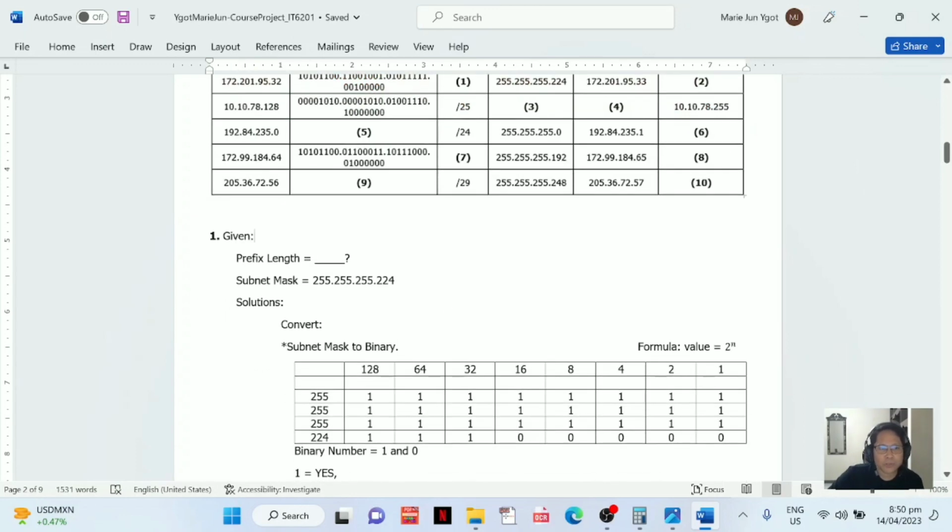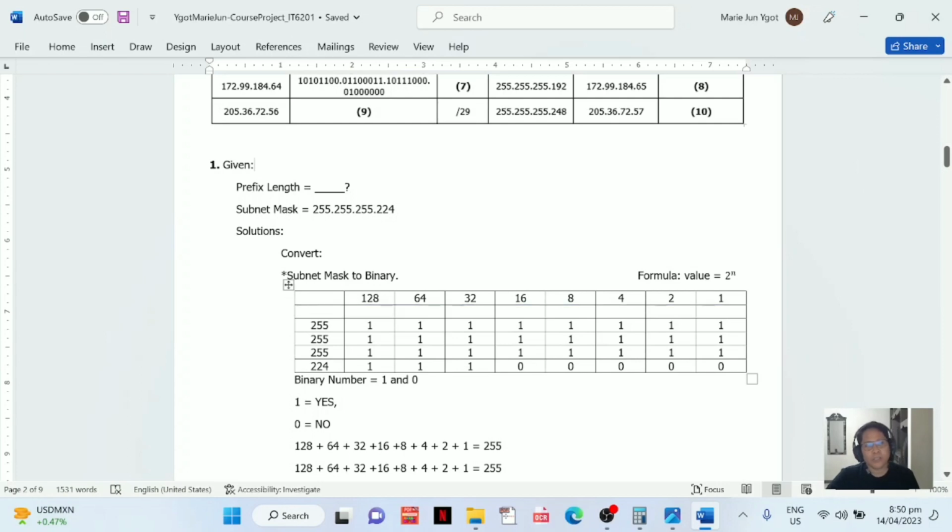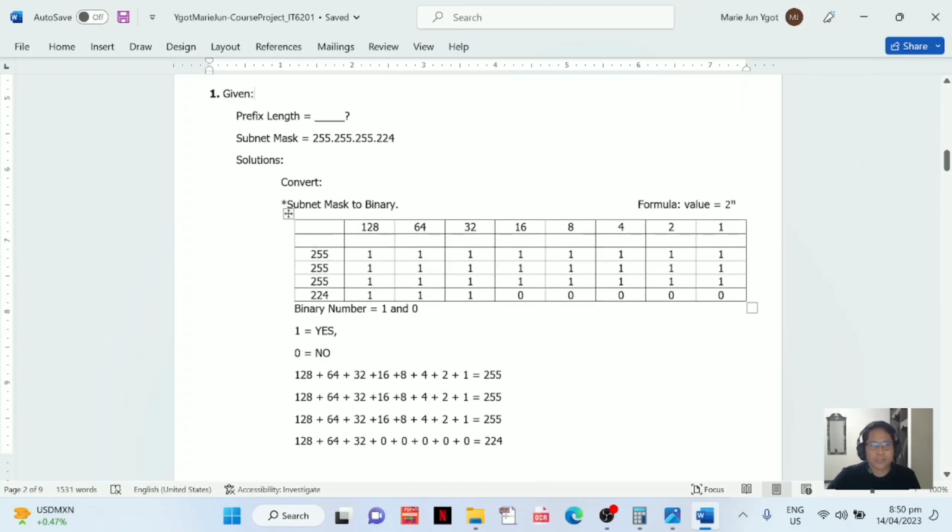So my solution is we have to convert the subnet mask to binary, by using this table here that I provided.